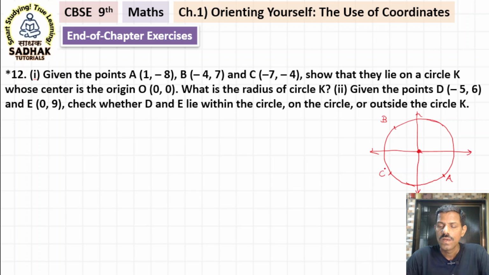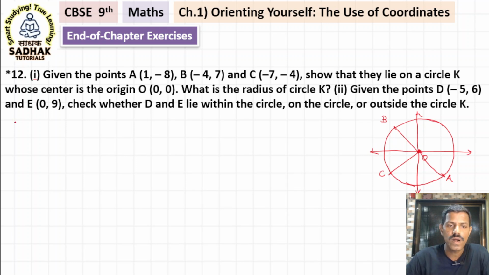Now, if these 3 points are on the circle, then their distance from point O should represent the radius of the circle. Yes or no? And if that is the radius of the circle, that means their values should be equal.